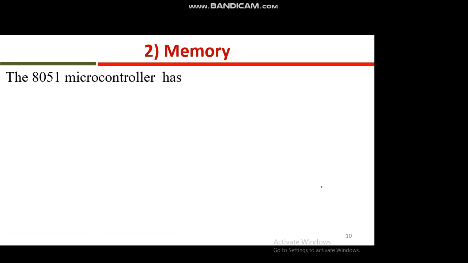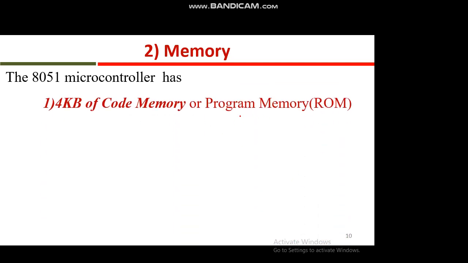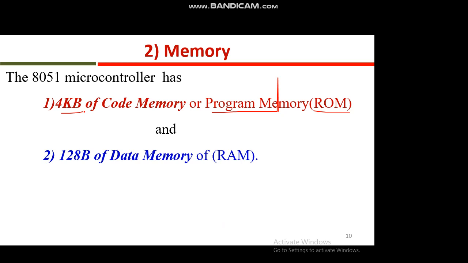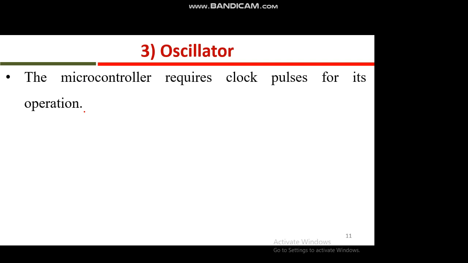The 8051 microcontroller has two memories. One is code memory, or you can say program memory or ROM. It is 4 kilobytes. The other is RAM, also called data memory. It is 128 bytes.